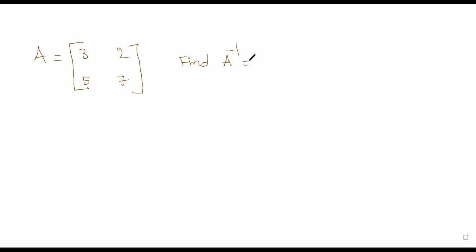So it will be 1 by 11. 7 minus 2 minus 5, 3. Okay. Should I take the 11 inside? Yeah, you have to multiply that. So what you got is 1 by 11, right? 1 by 11 you have to multiply inside.